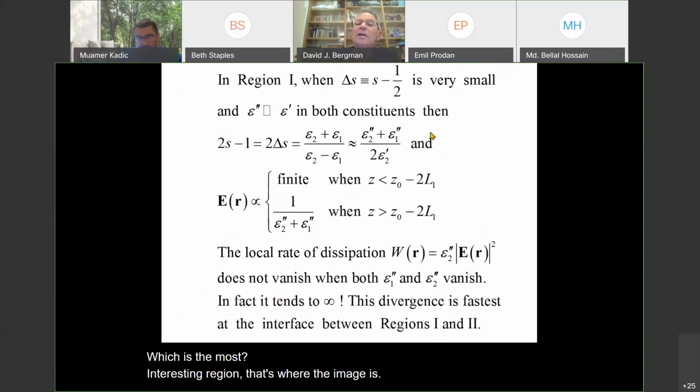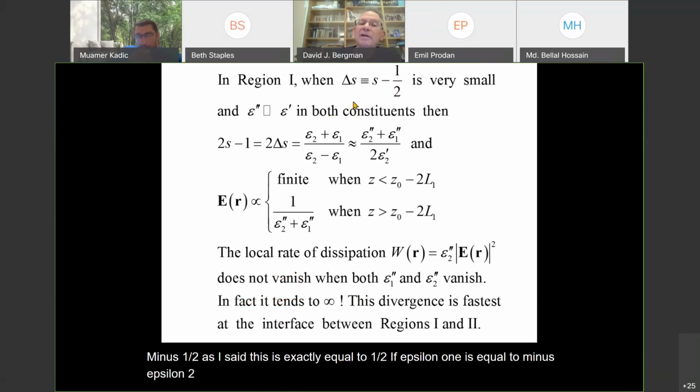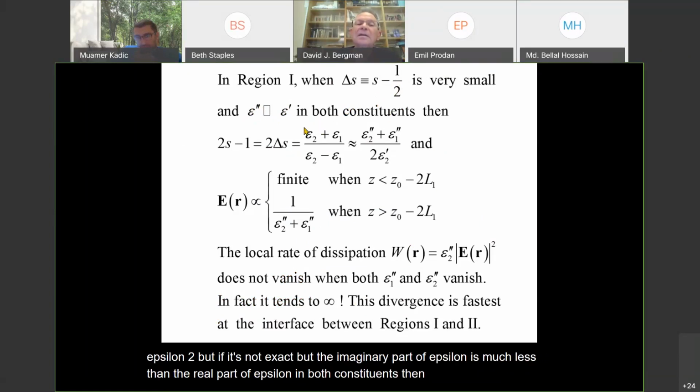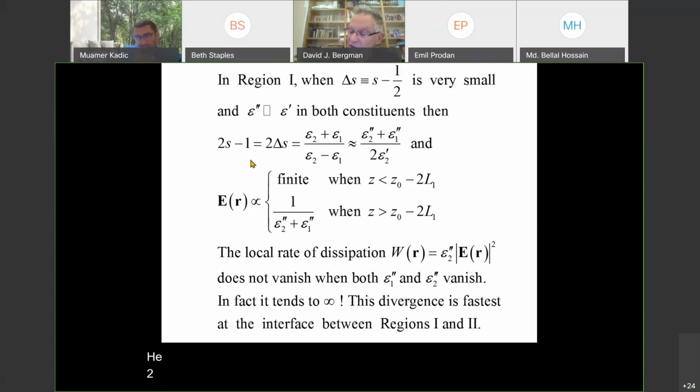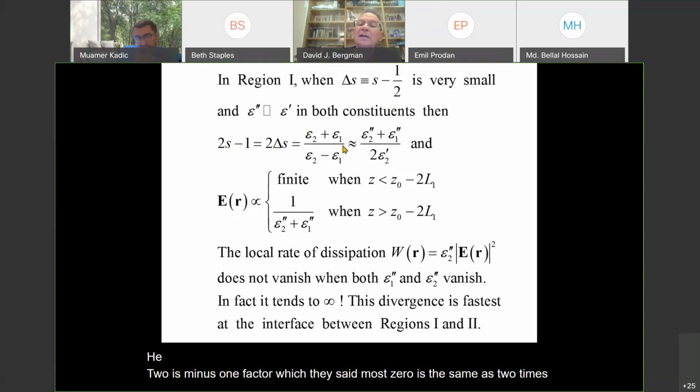In that region, s minus 1/2, as I said, s is exactly equal to 1/2 if epsilon1 is equal to minus epsilon2, but if it's not exact, but the imaginary part of epsilon is much less than the real part of epsilon in both constituents, then this 2s minus 1 factor, which I said goes to 0, is the same as 2 times delta s, and it's approximately equal to this ratio.